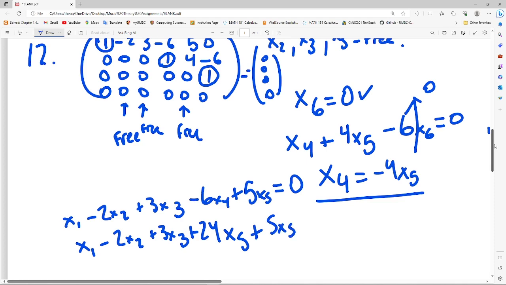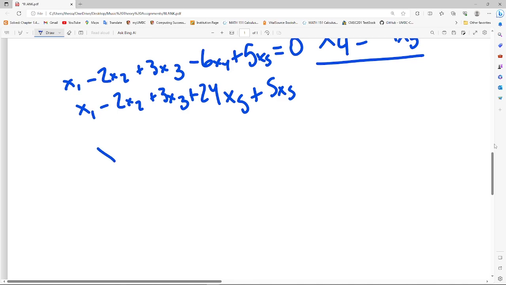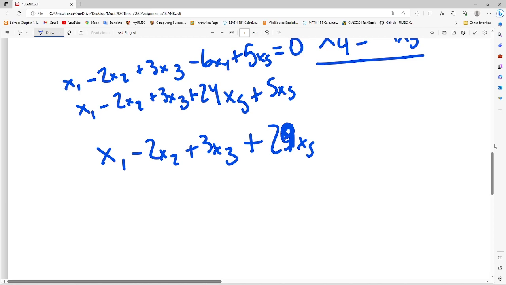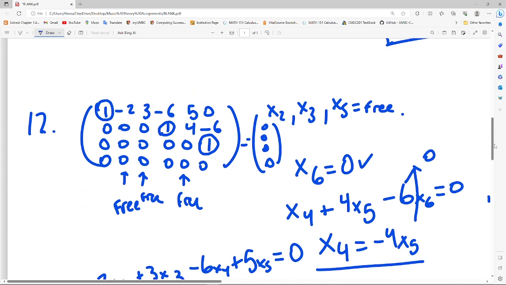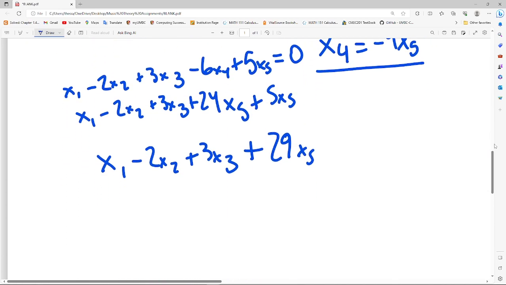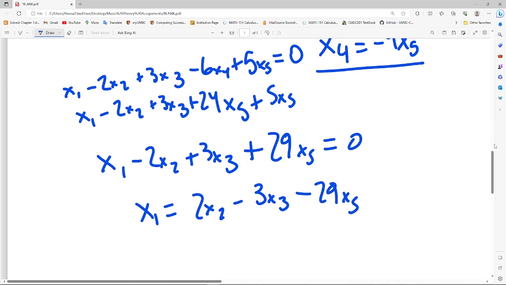Yeah, my bad. I made a little bit of a mistake there. x1 minus 2x2 plus 3x3 plus 29x5. So we want to get this in terms of x1 because x2, x3, x5 are free. So x1 is equal to 2x2 minus 3x3 minus 29x5 because we got them all on one side.